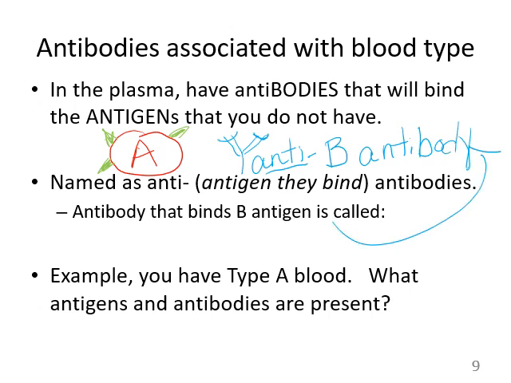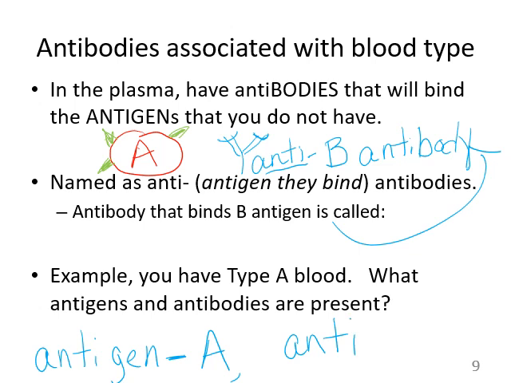So you've got type A blood. What antigens and antibodies are present? Antigen, you can find that by looking in your blood type, is the A antigen. Antibody, you're going to have antibodies against whatever antigen you don't have.